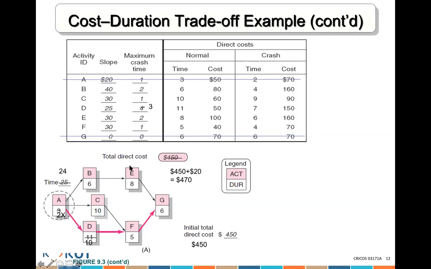Now let's make the same counting. A, B, E, G, A, C, F, G, and A, D, F, G. Let's count them and tell me which one is the critical path now.